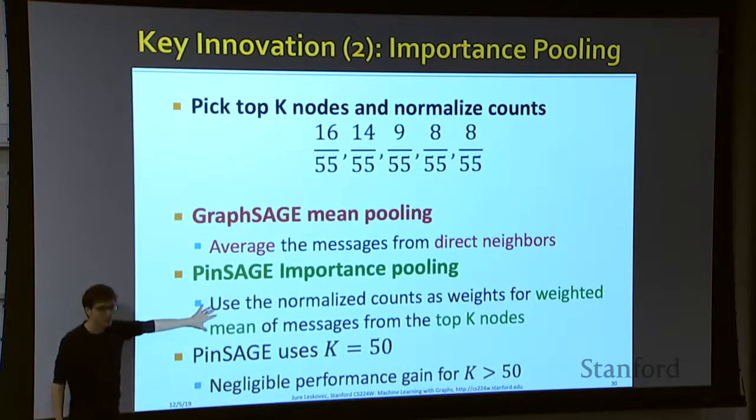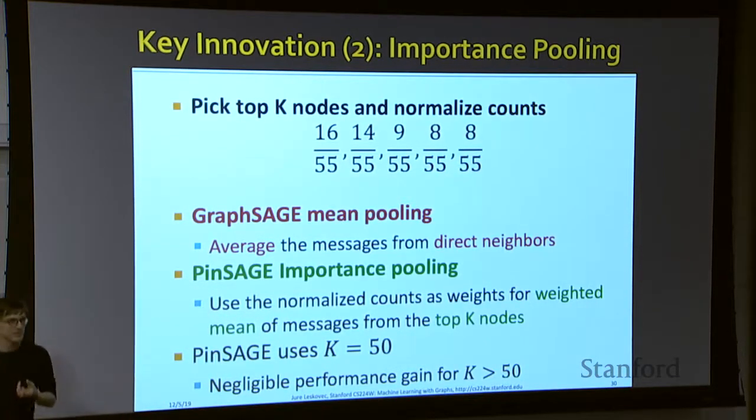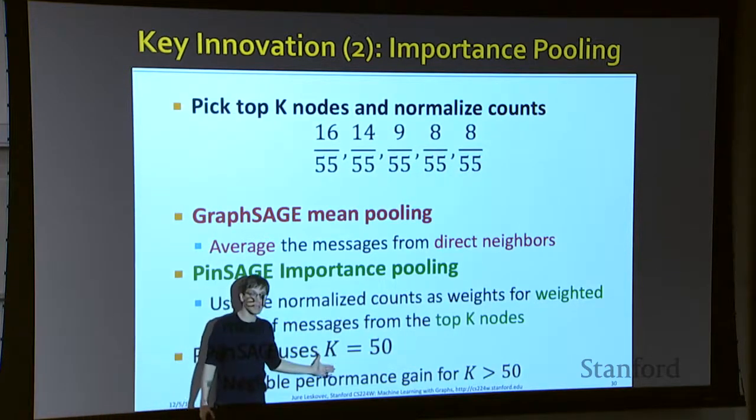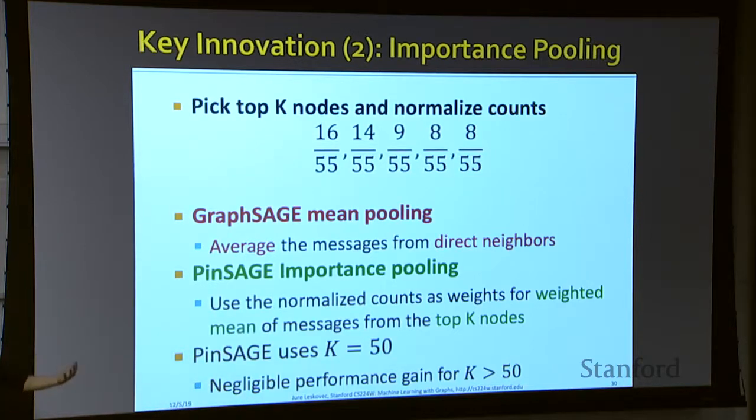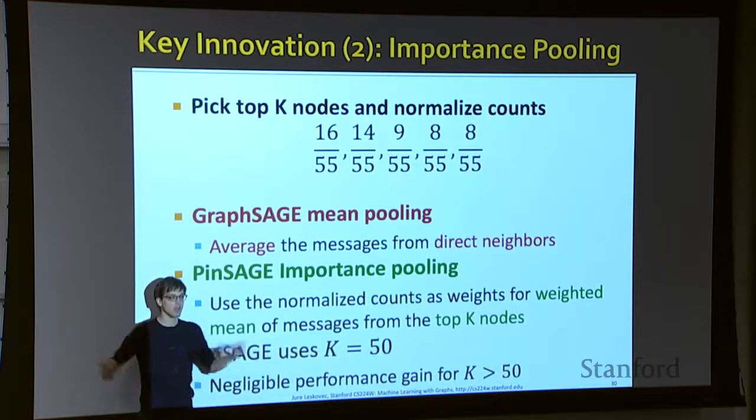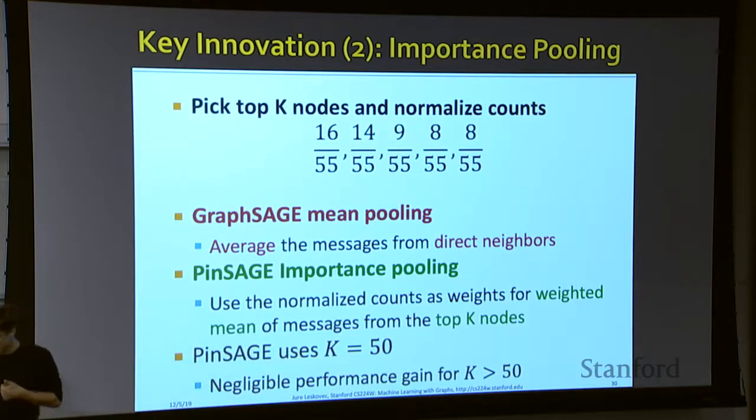And as I will show you later, this really makes a huge difference in performance. And in practice, we use k equals 50. So we take at most 50 neighbors of a given pin rather than taking all of them. Okay, so that's number 2 that is important.